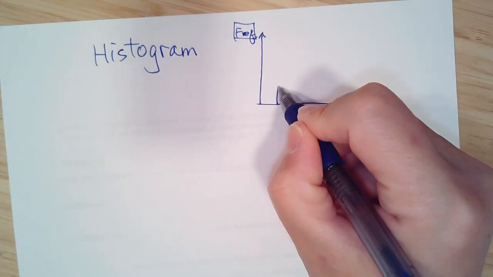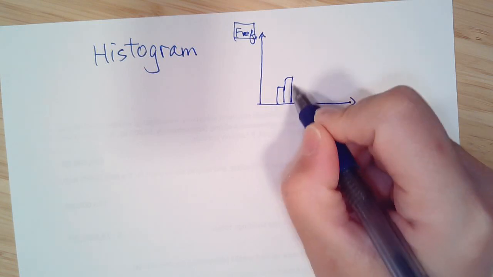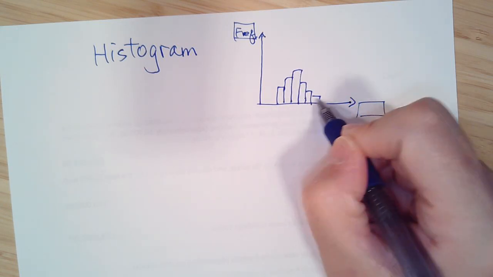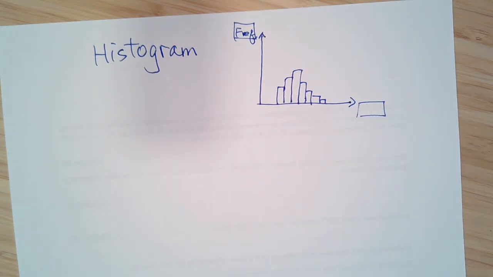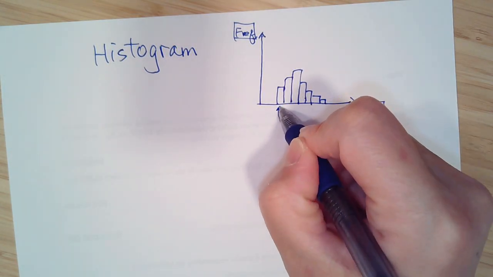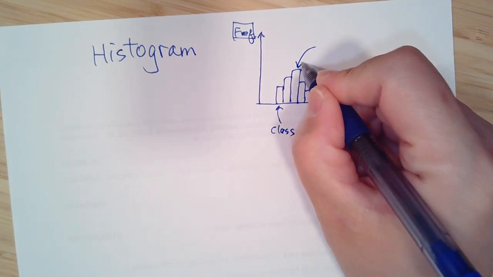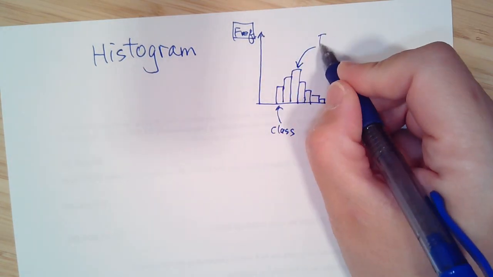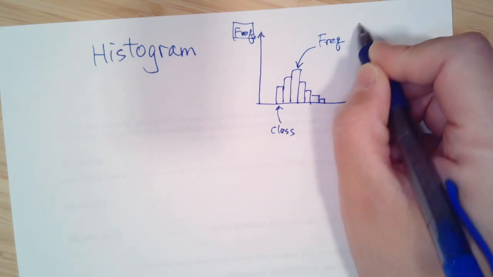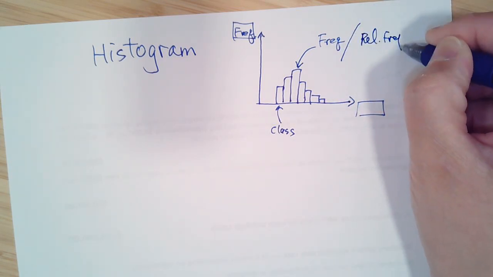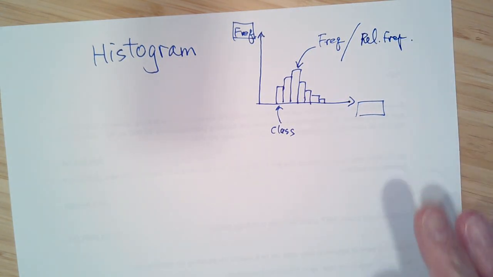And they have some bars to show what the data looks like. And this is your class, and this you're going to label as either frequency or relative frequency. Okay, so if you see something that looks like this, then that's called a histogram.